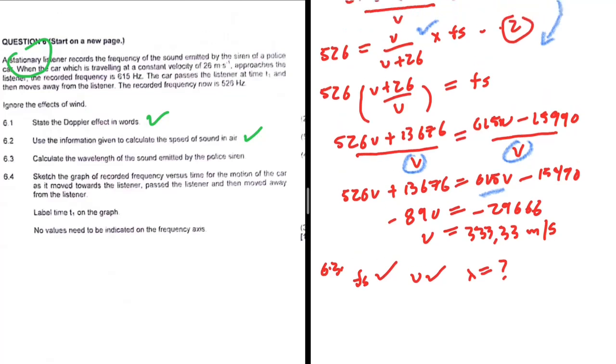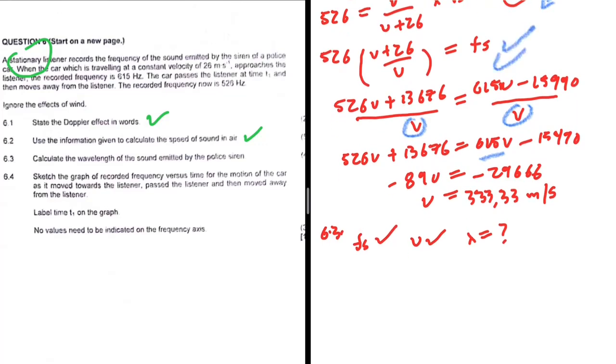So how are we going to calculate Fs? We have this equation here, so we're going to use that equation to calculate Fs. So Fs is equal to 526 multiplied by (333.33 plus 26) divided by 333.33.